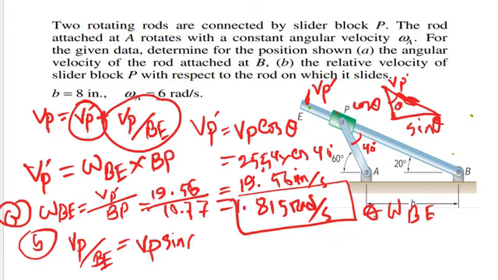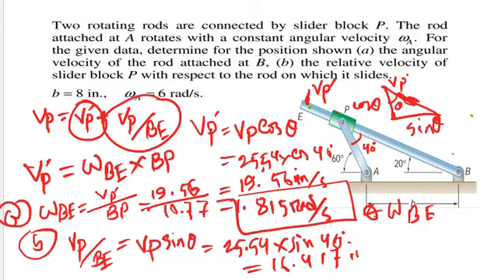V_P is V sine theta, right? V we know 25.54, and sine 40 degree, right? Now we'll get 16.417 inch per second. That was the answer for part B.